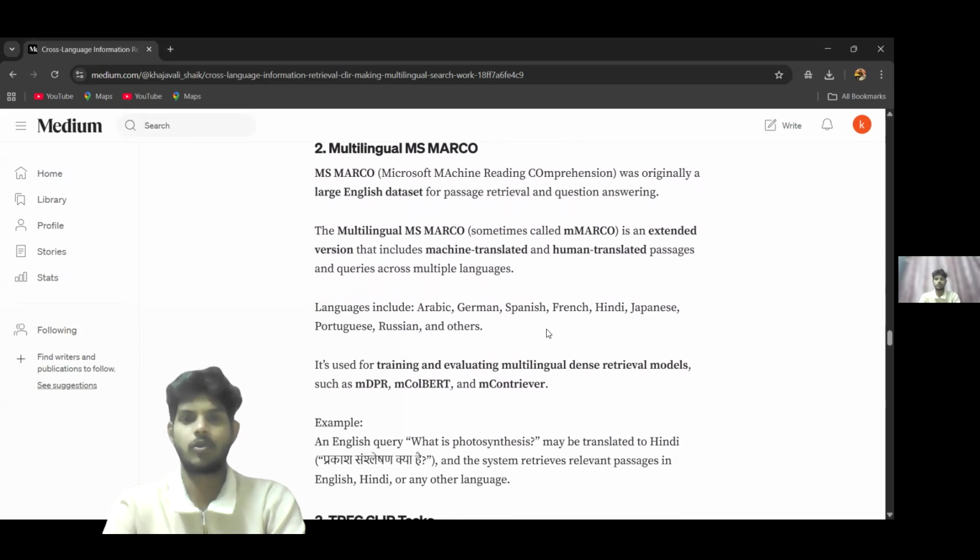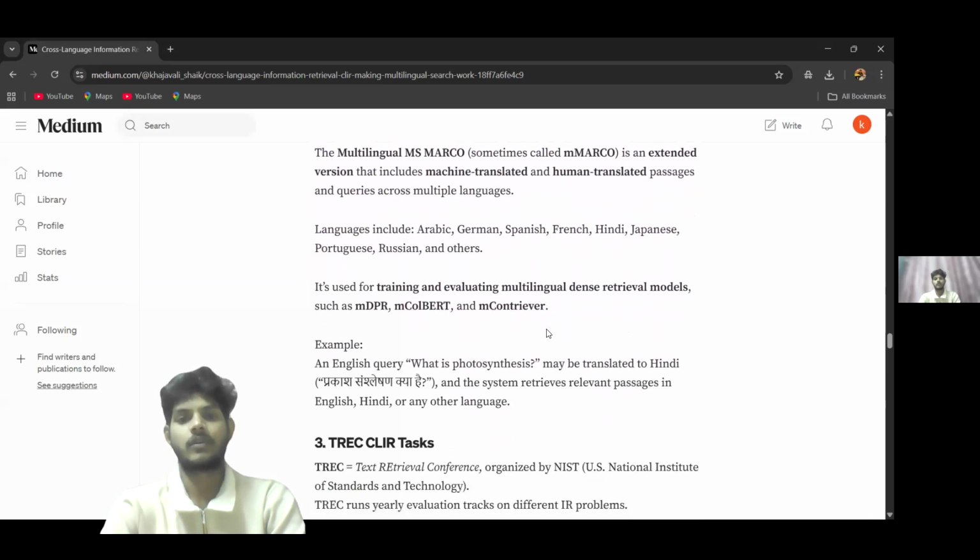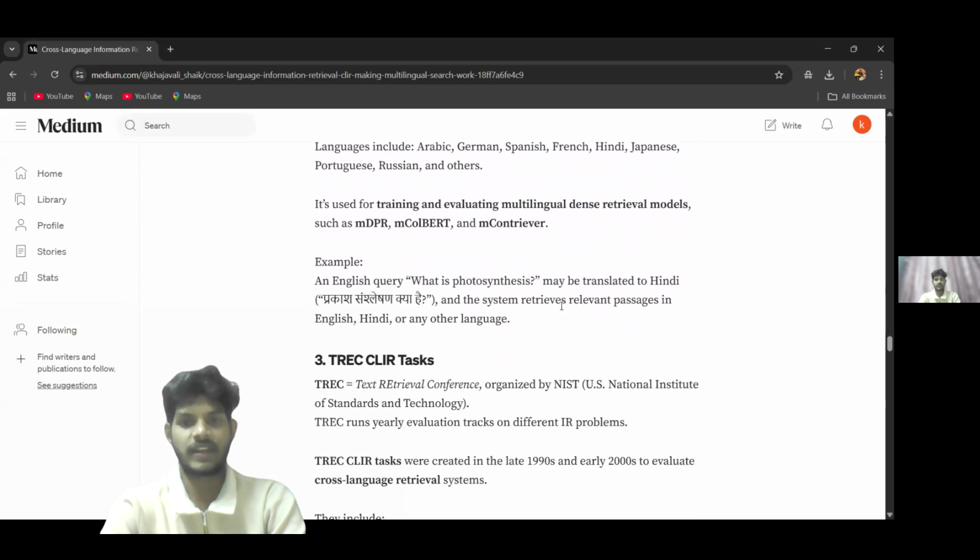It may include Arabic, German, Spanish, French, Japanese, Portuguese, Russian, etc. It is used for training and evaluating multilingual dense retrieval models such as mDPR, mColBERT, and mContriever. You can find an example here.